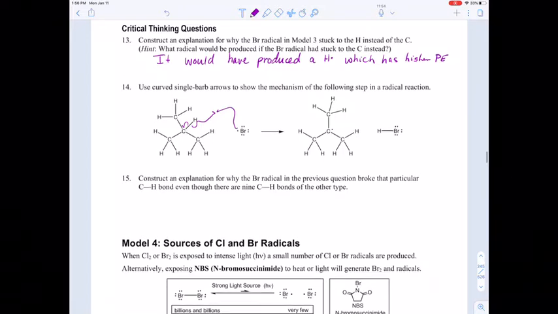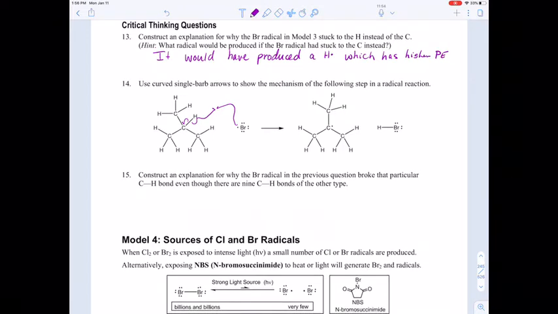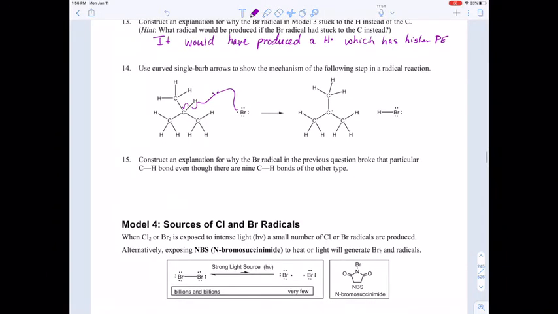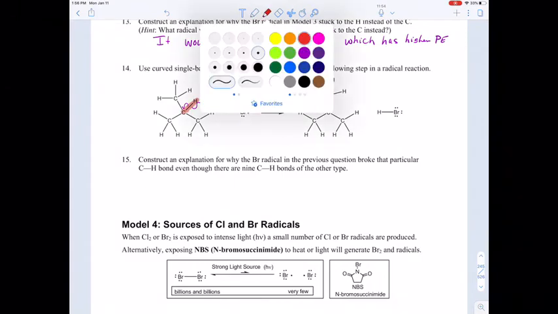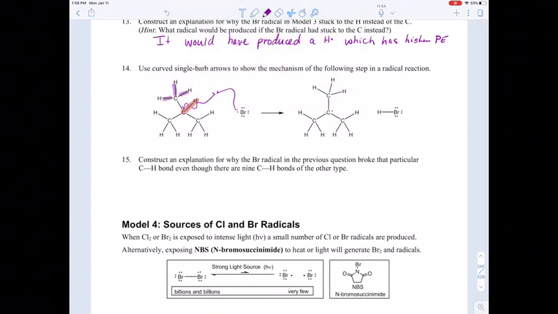Construct an explanation for why the bromine radical in the previous question broke that particular carbon-hydrogen bond, even though there are 9 carbon-hydrogen bonds of the other type. In other words, this is the bond that broke. Why that one and not, say, this one, this one, this one? Why not any of those?